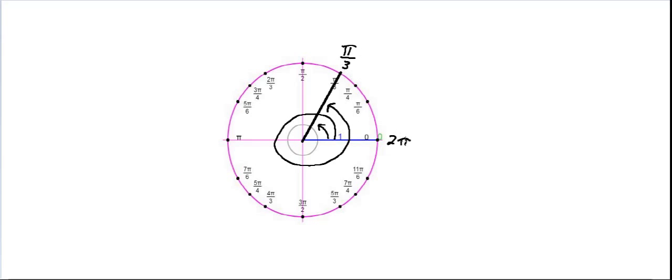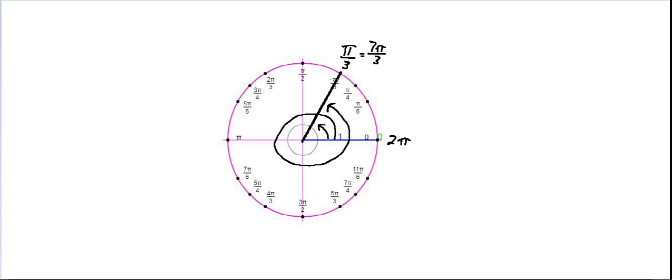Well, 2 pi as a fraction in thirds is 6 over 3. So 6 over 3 plus 1 over 3 is 7 pi over 3. In other words, 7 pi over 3 and pi over 3 are coterminal radian measurements.